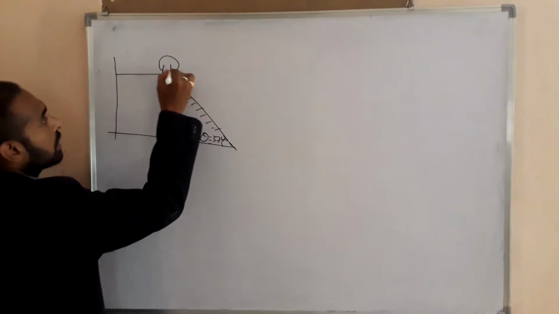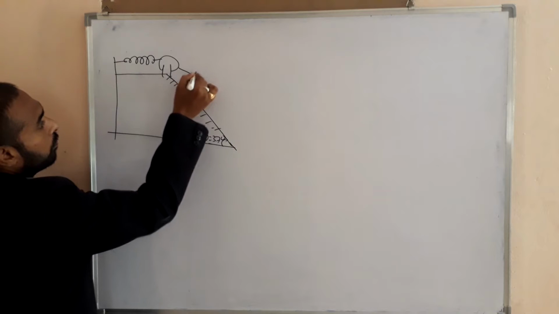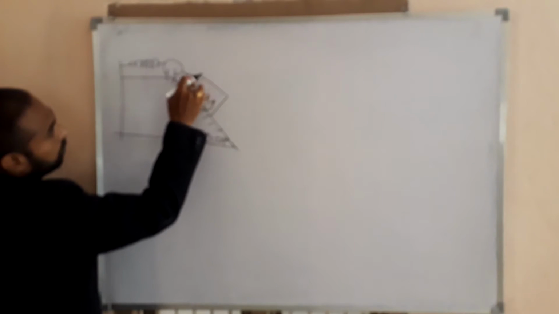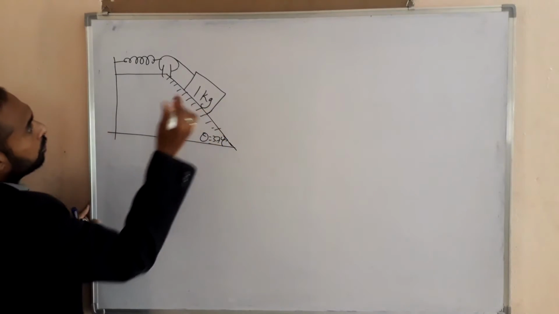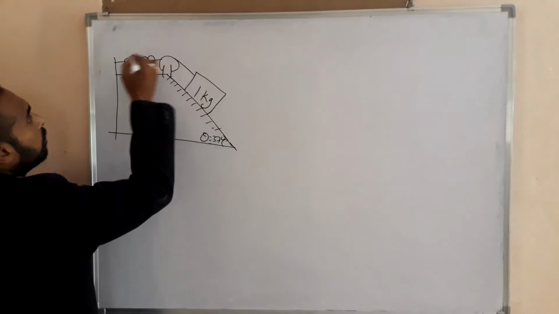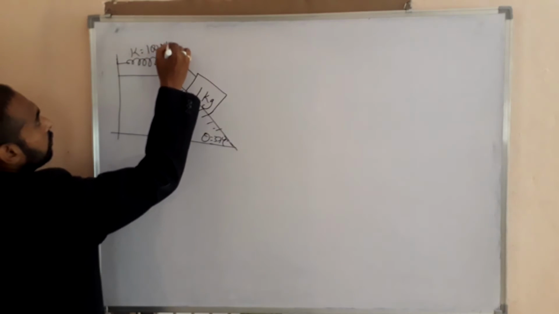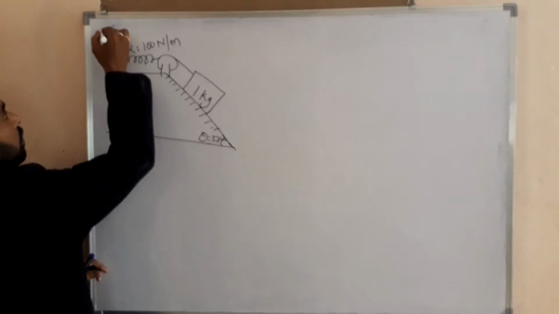The angle of inclination is 37 degrees. A 1 kg block. See, this is illustration 1.